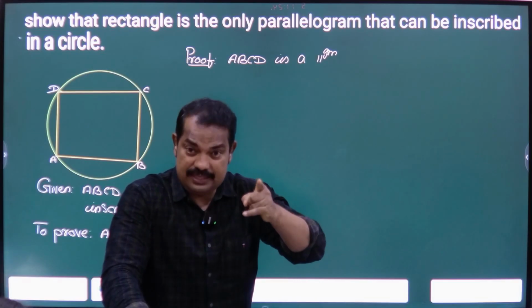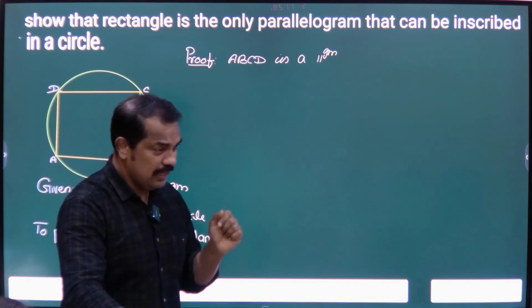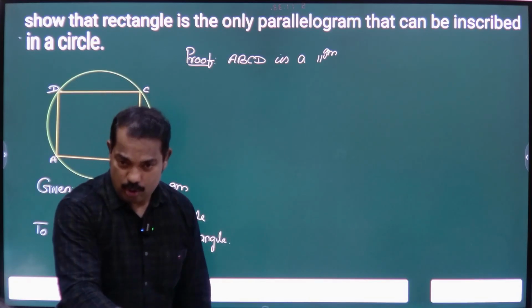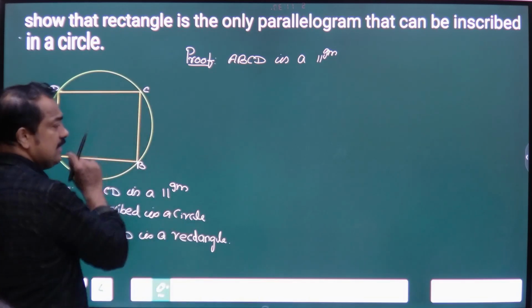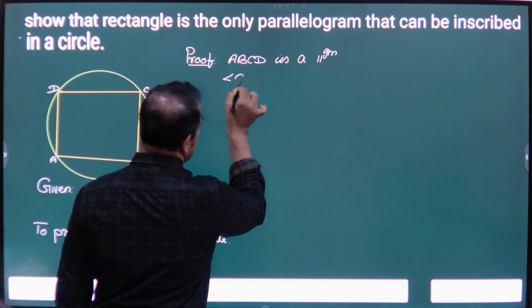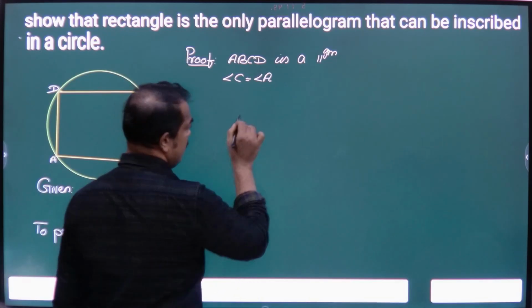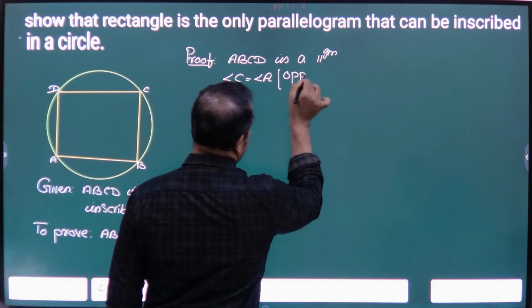Opposite angles are equal. That property you want to apply here. So angle A and angle C are equal, means angle C is equal to angle A.